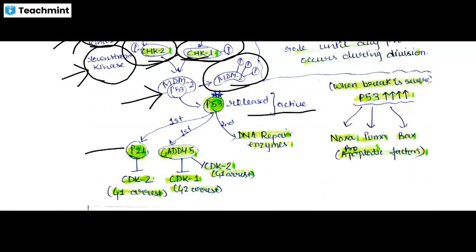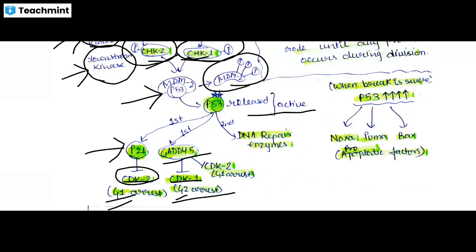How? It will activate P21, which will inhibit CDK2. And if you know, CDK2 is responsible for G1 phase. Now, if CDK2 is inhibited, then G1 arrest occurs. Then it will activate GADD45, right? GADD45 inhibits CDK1, which is responsible for G2 phase. So it will arrest cells in G2 phase.